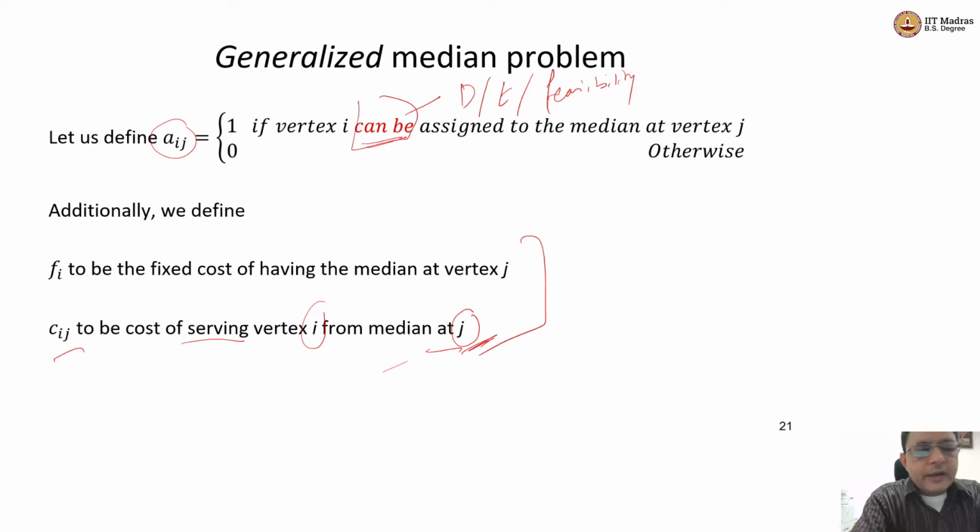For an example like e-commerce, it's very easy to explain that the representative of the organization travels from the warehouse and delivers the package to the customer's house. So cij is very easily explainable, but remember, this is the cost incurred by the organization when they are serving a customer located at i from a facility that is located at j.